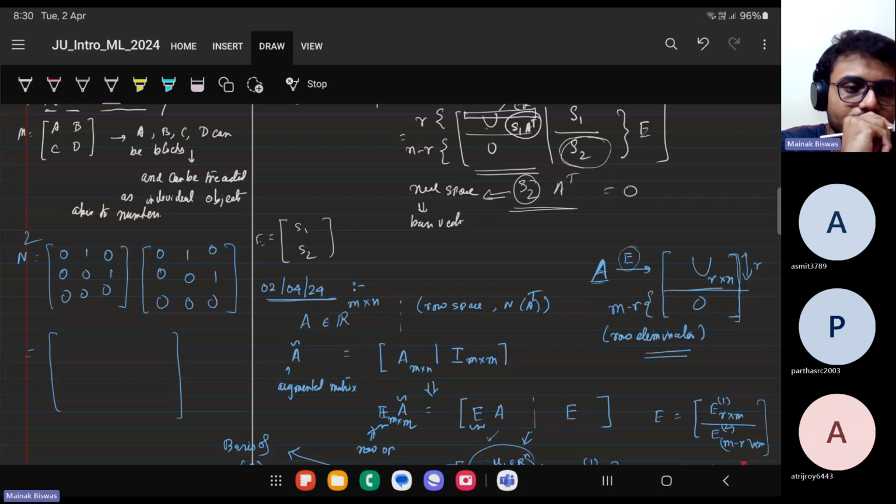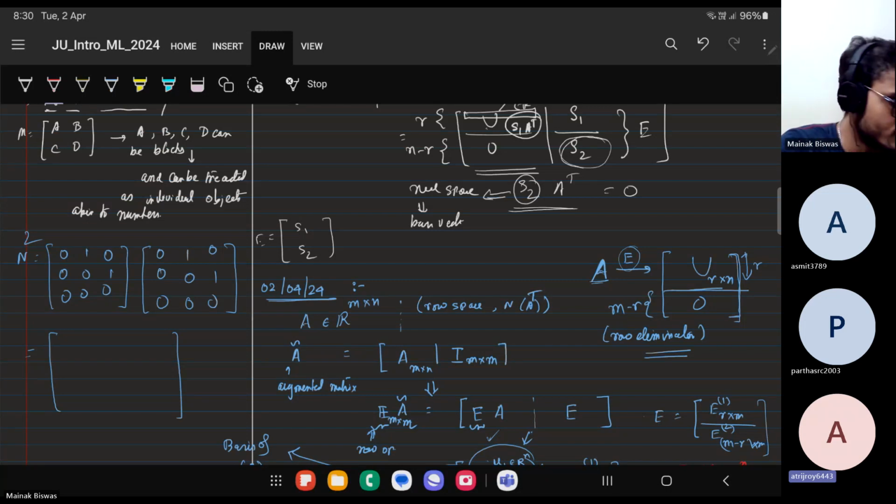Tell me what is the first column then. If you are comfortable in terms of columns, tell me the first column then. Like 0 into 0, 1, 0, and 0 into 0, 1, 0 means both three elements will be like 0 into 0, 0, 0, right?